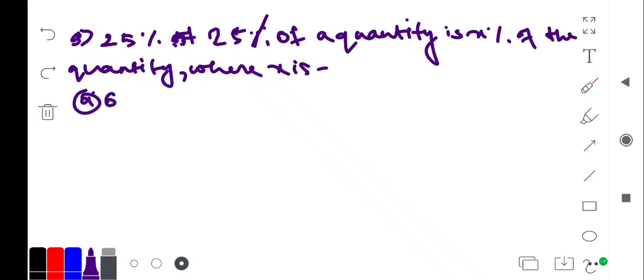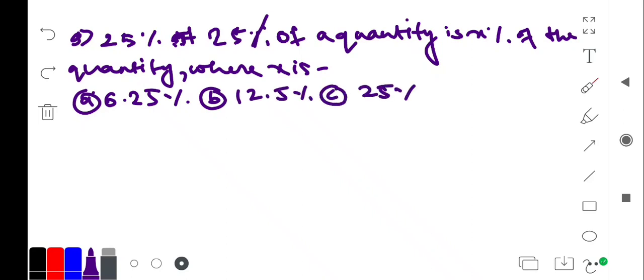Option A is 6.25%, option B is 12.5%, option C is 25%, option D is 50%. That is, 25% of 25% of a quantity is x% of the quantity, where x is.